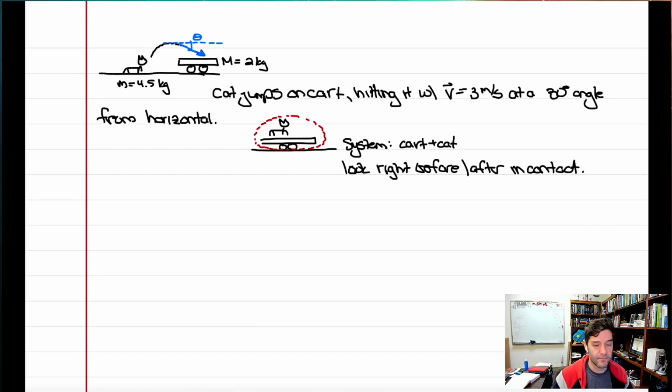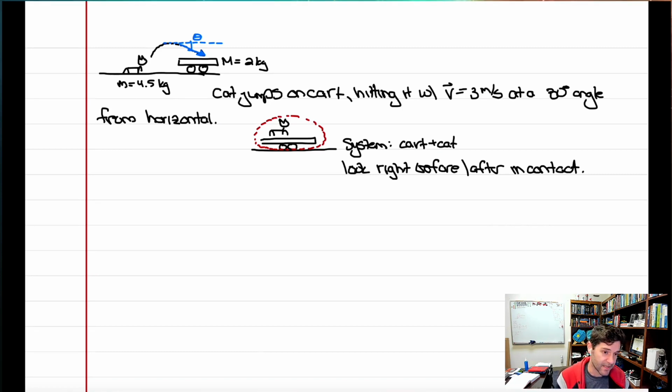Well, all that's saying is that there's an external force from gravity, but then the cart is also touching the floor, so there's also a force on the cart from the floor that's external to the system. So in this case, there is a net external force acting on these things. So we probably cannot apply vertical momentum conservation in this case.